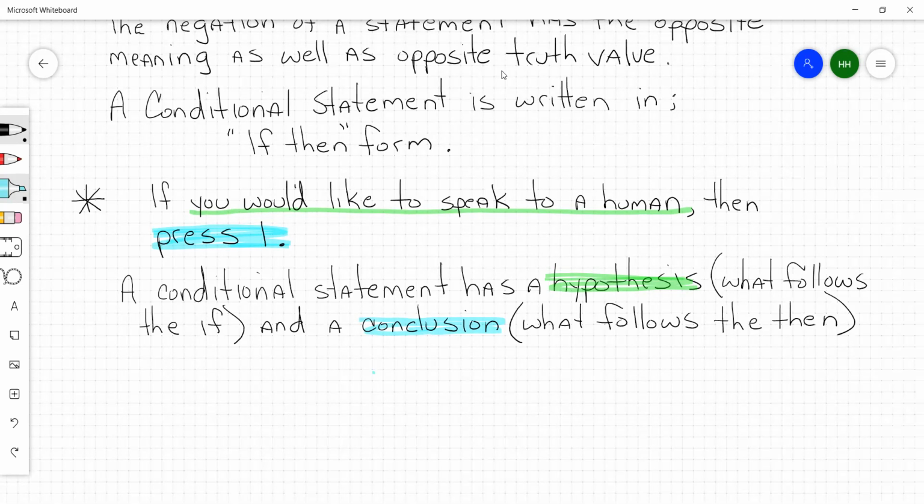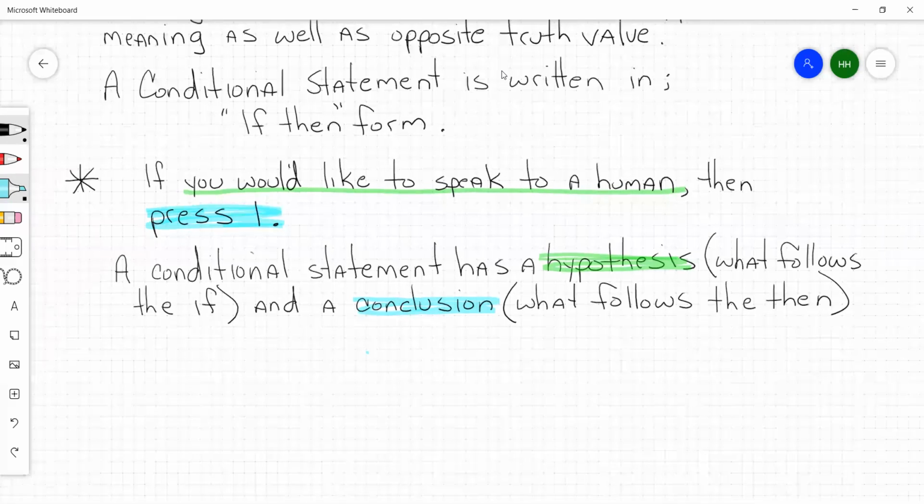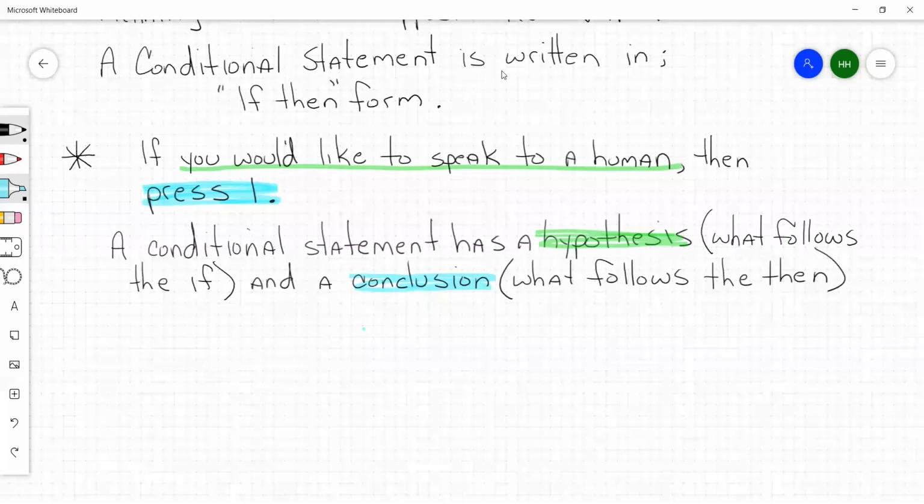How's the best way to write the symbol for a conditional statement?